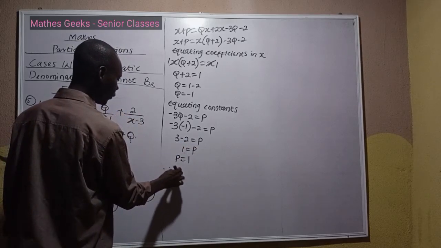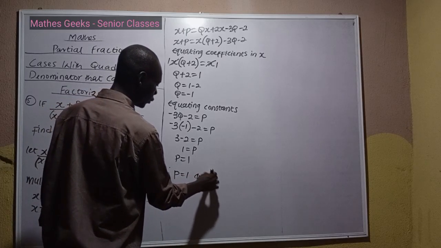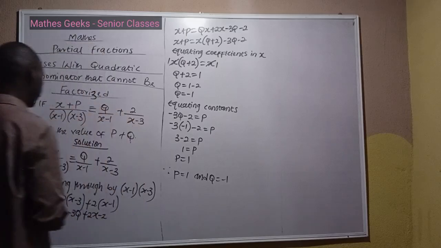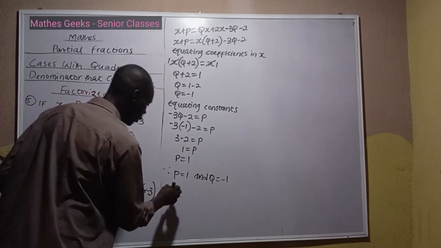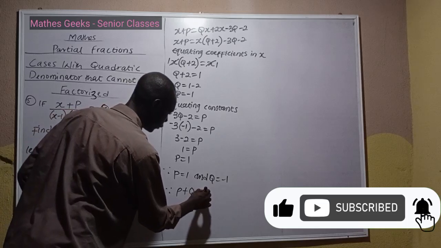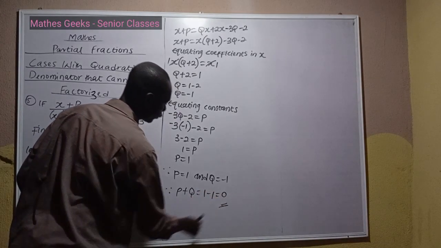Therefore p is equal to 1 and q is equal to minus 1. But the question says we should look for the value of p plus q. So p plus q is equal to 1 minus 1, which is equal to 0.